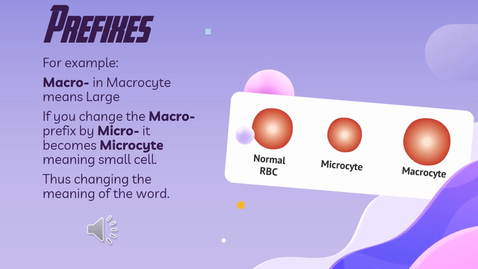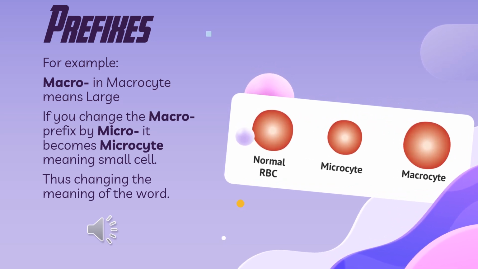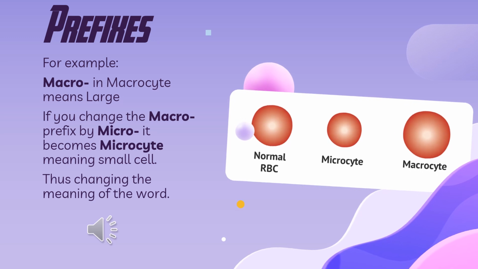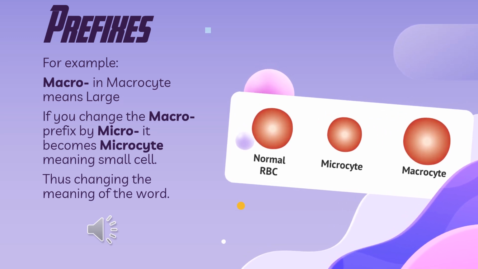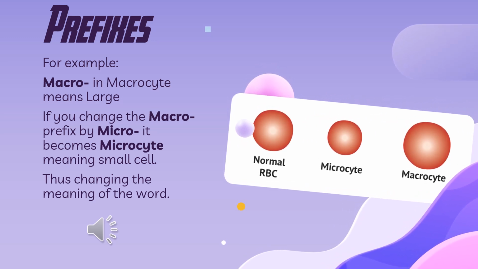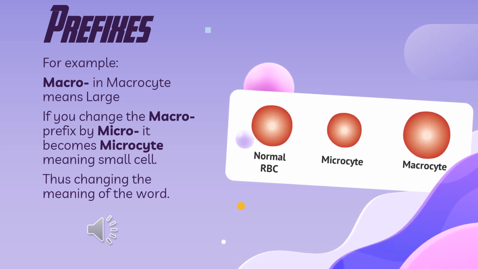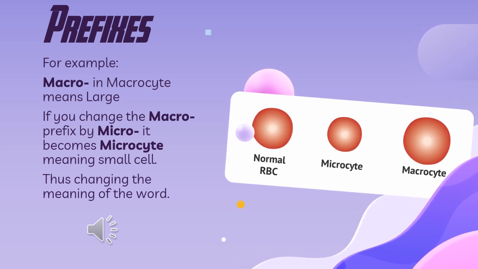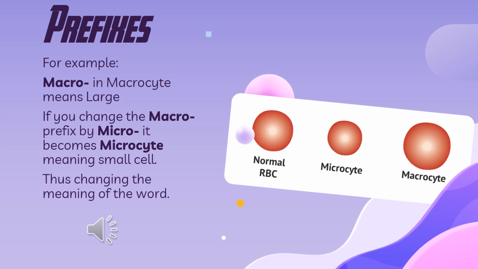For example, in the term macrocyte, macro is a prefix meaning large, and cyte is a suffix meaning cell. A macrocyte is a large cell. By changing the prefix macro to micro, the meaning of the word changes.